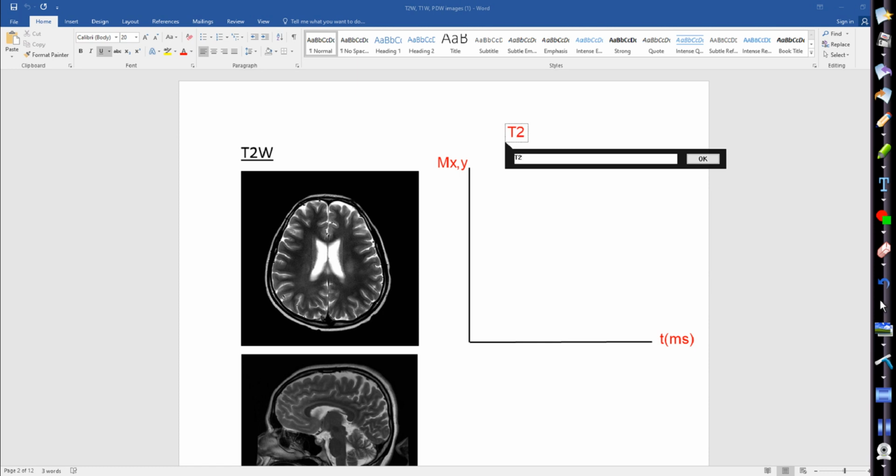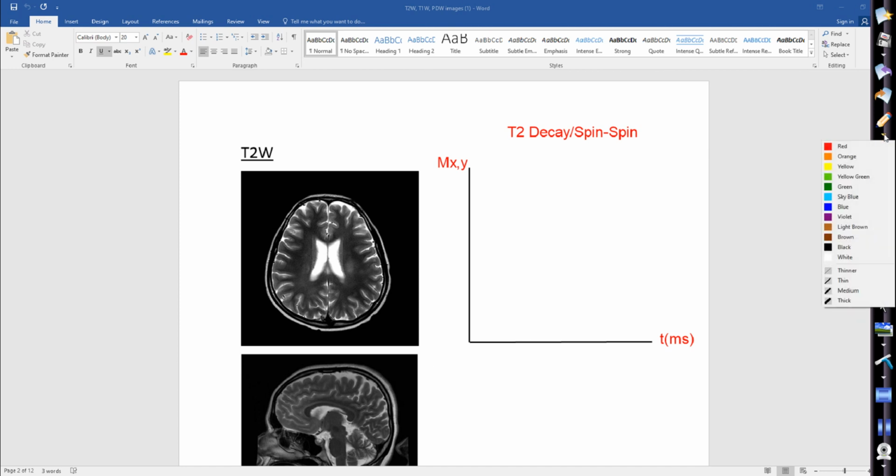T2 what? Weighting? T2 weighting. Well, that's the image we're getting, but what's the curve called? T2 decay, also what? Spin-spin. All right. And let's do our two tissues. So I'm going to do water first.